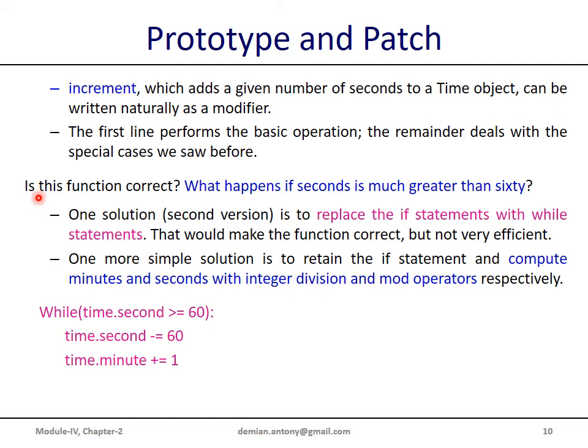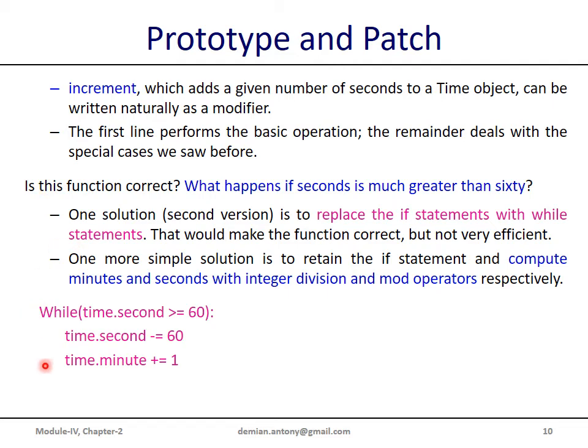But it is not very efficient because we are going to execute a loop several times, depending on the value of the seconds parameter. If it is 500 or 1000, the loop is executed many times.